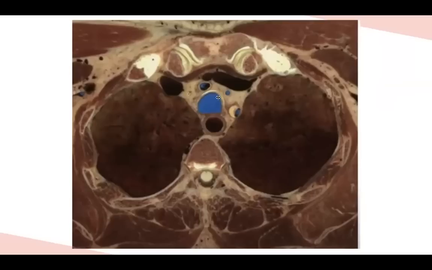The trachea is more circular anteriorly, and it's flat posteriorly, because the cartilage is only present anteriorly. And again, as you said, you can see the esophagus posteriorly. The esophagus may look different in other sections, but this is the trachea and this is the esophagus. Does anyone know what these two structures are?